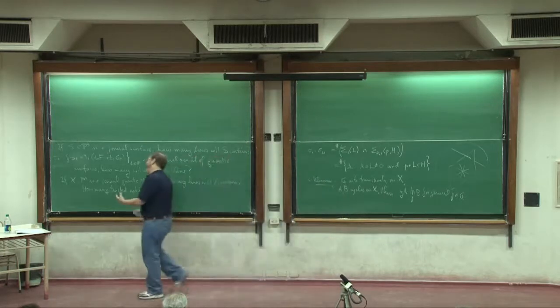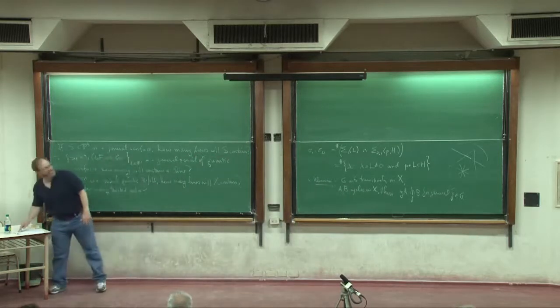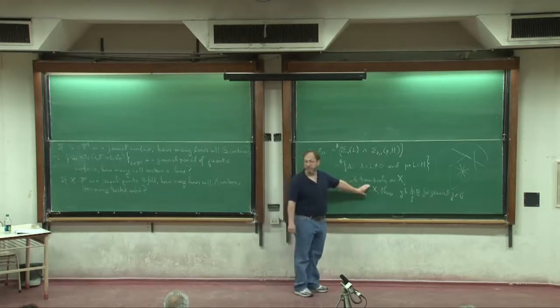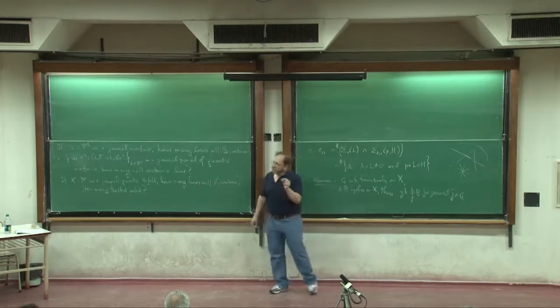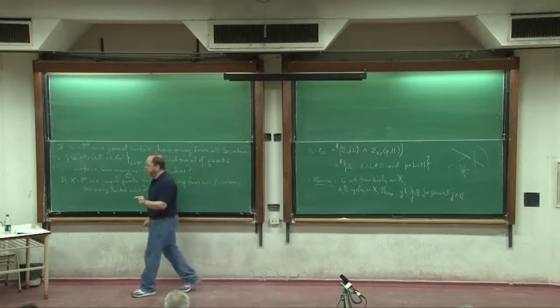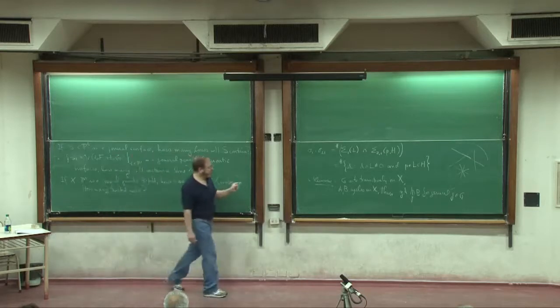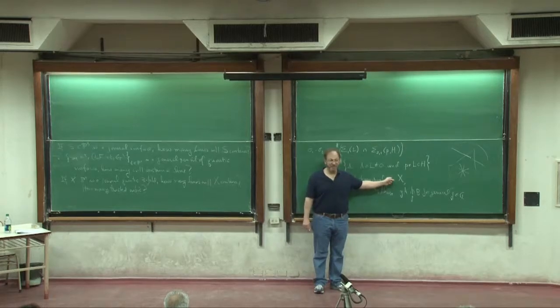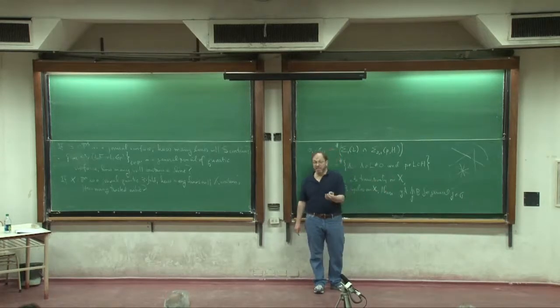Now, I have to say in honesty that Kleiman's theorem works as stated in characteristic 0. It works in characteristic p subject to a slightly stronger hypothesis. The group action has to be not only transitive on points, but transitive on non-zero tangent vectors. That, for example, applies to projective space.